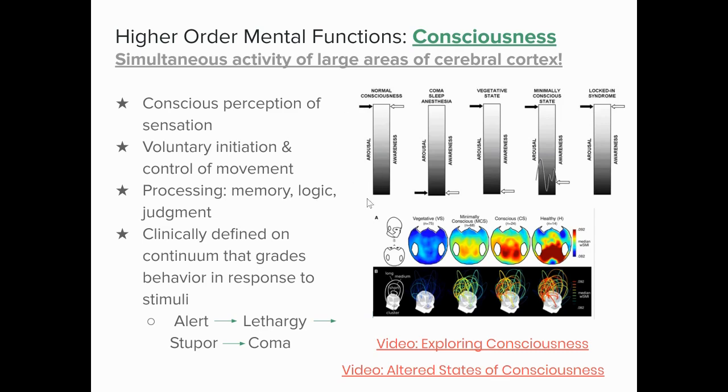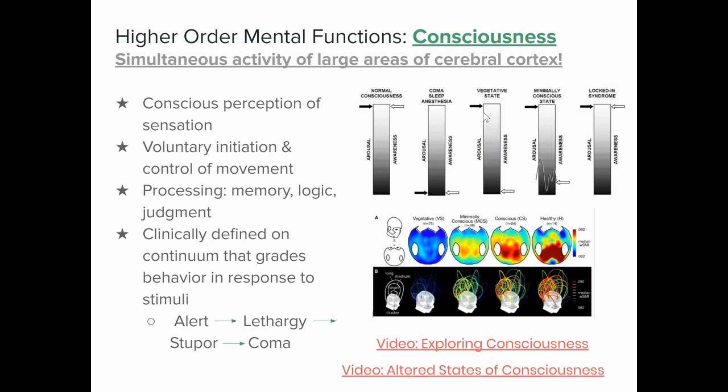So you can see over here where my mouse is moving around, these bars on the top. Normal consciousness, here's your arousal, is high, your awareness is high. A coma, and you can be put into a medical coma, you can see that arousal and awareness are all the way at the bottom.